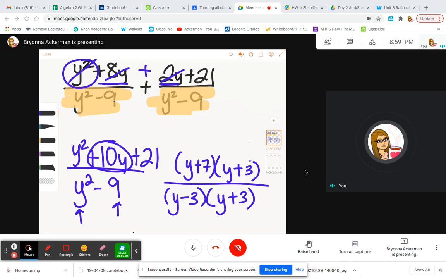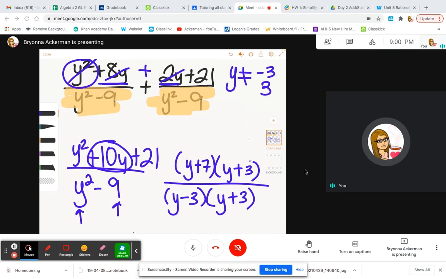And so we're just left with y squared minus 9. If we're asked to give the restrictions, this is the point where you would give them. We have y minus 3 and y plus 3. If I set both of those equal to 0, you get the opposite. So my restrictions in this case are y cannot be negative 3, nor can it be 3.